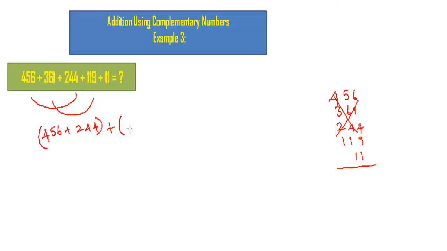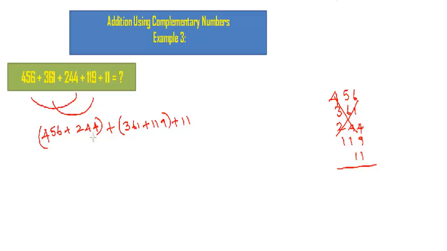361 and 119. 361 plus 119, and 11 is separated out because it doesn't have a complement, or you have 5 numbers, so let's keep that apart.